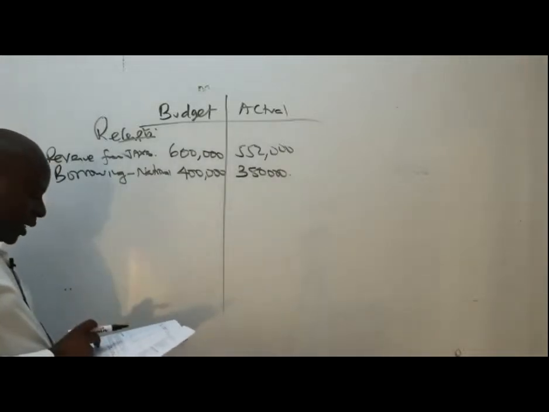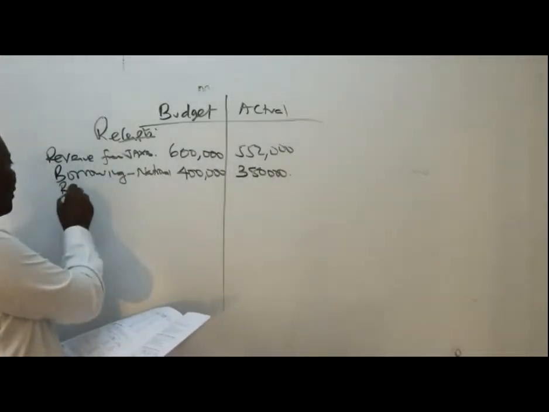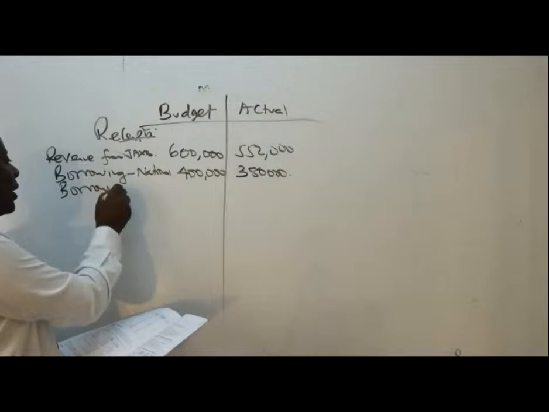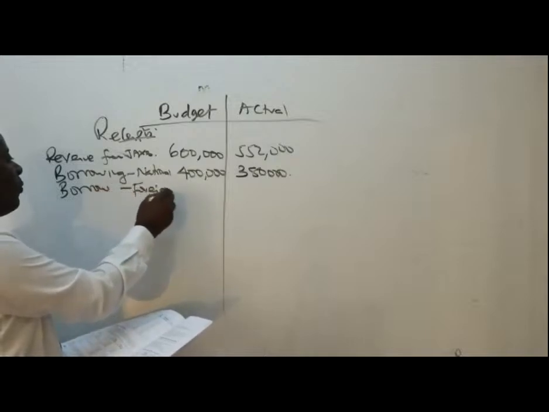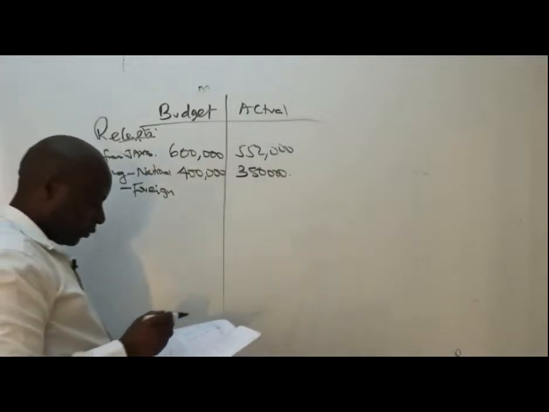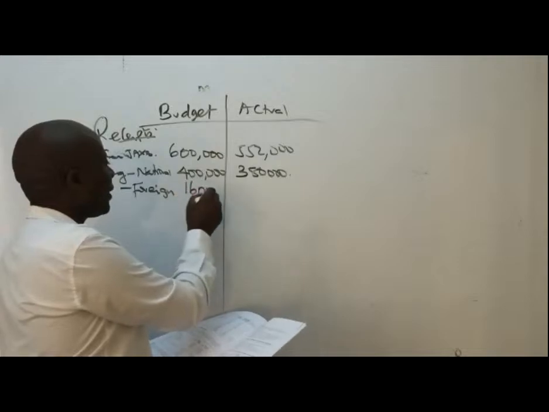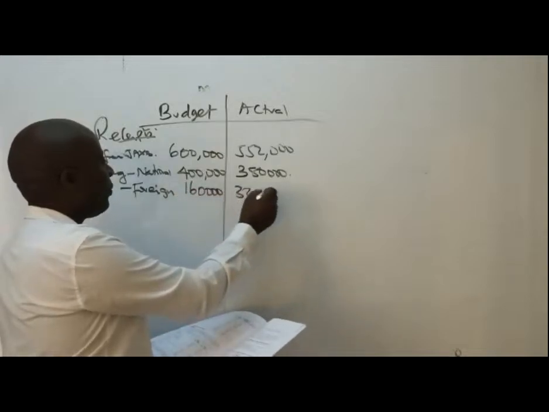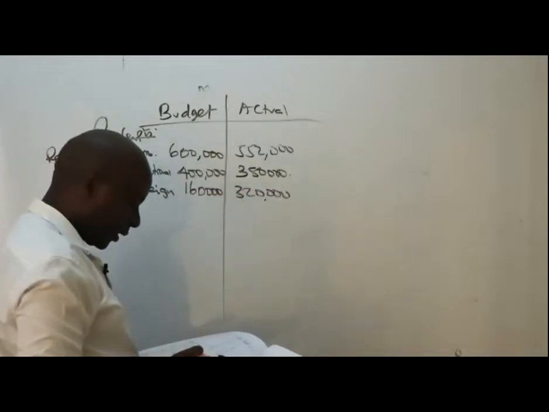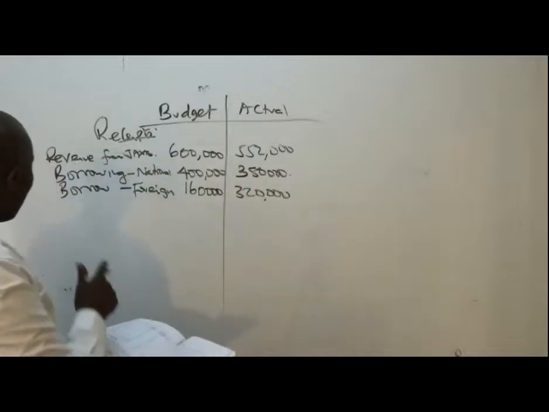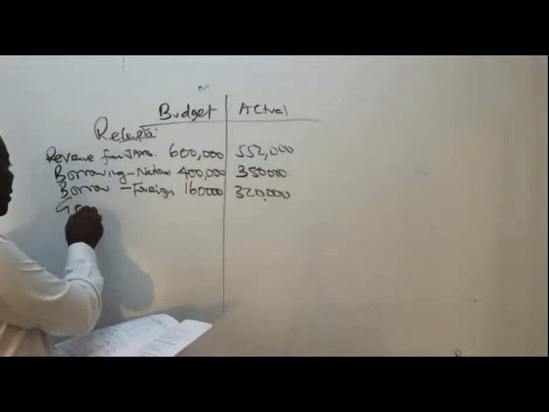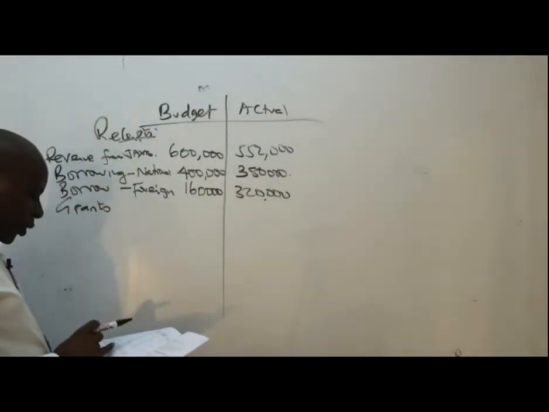From there, ladies and gentlemen, we have borrowings, foreign. We have 160,000, and then we have 320,000, like that. From there, we have grants, donations with conditions.